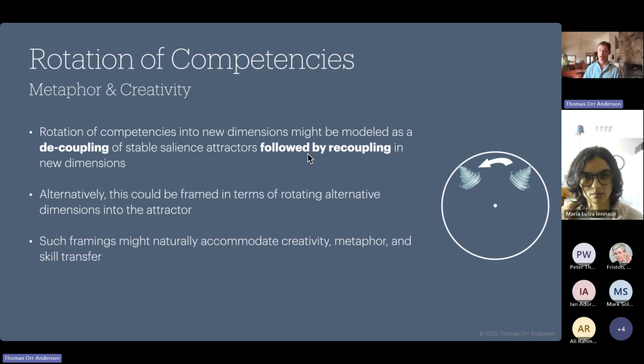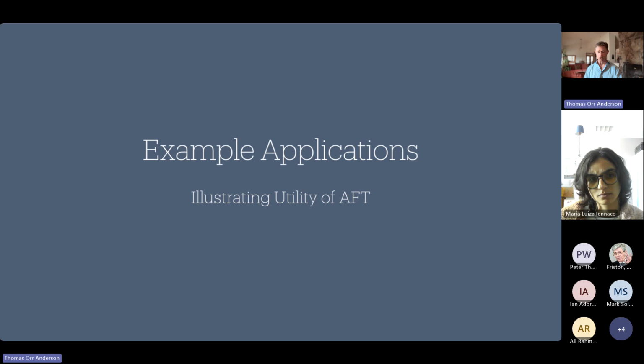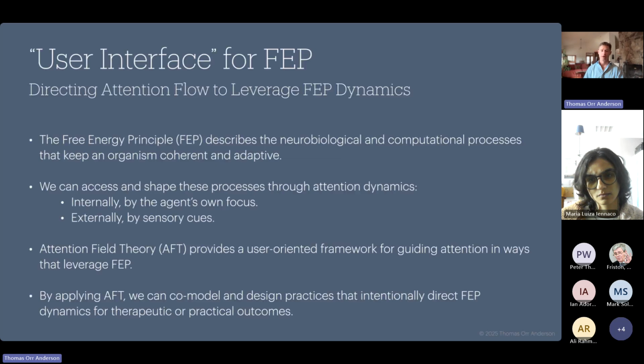This could alternatively be framed as the dimensions rotating into the attractors in the salience landscape. Nonetheless, it seems that this would call for a decoupling and recoupling process. And I hope to get some feedback on this idea. It seems that it could naturally and intuitively accommodate things like creativity, metaphor, and skill transfer, at least in some selected cases.